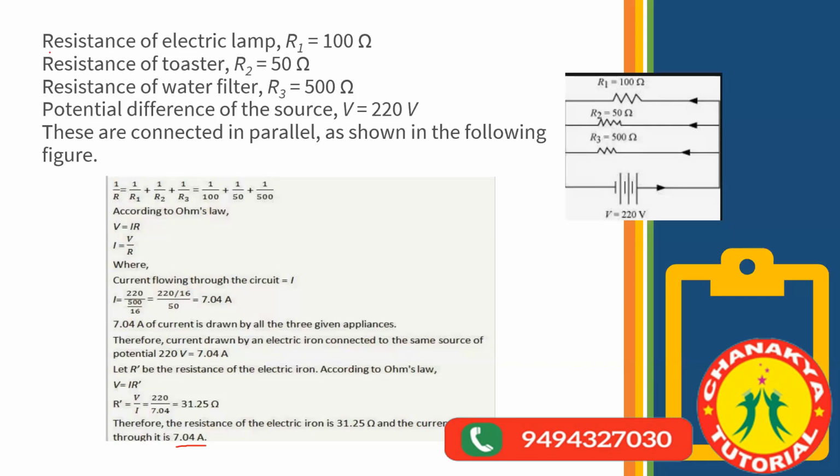Therefore, resistance of the electric iron is 31.25 ohms and current flowing through it is 7.04 amperes. I just understood. I made a mistake in the 16 by 100.